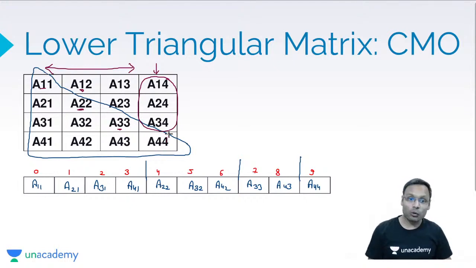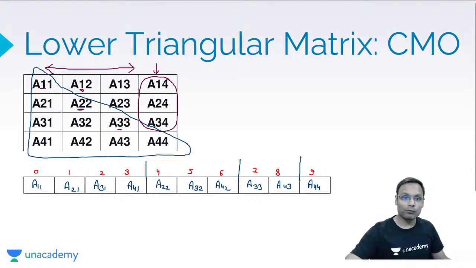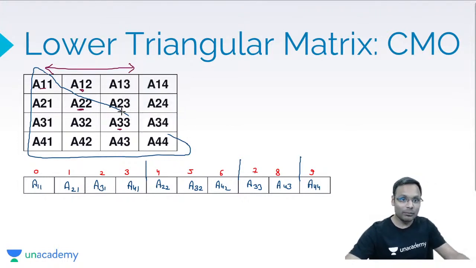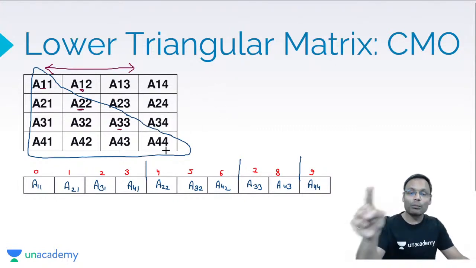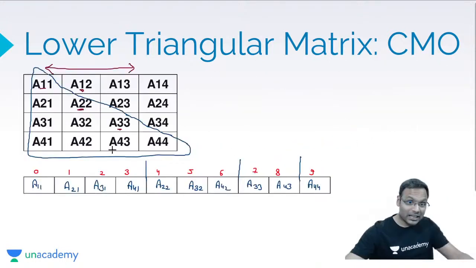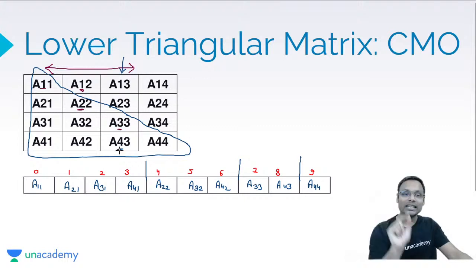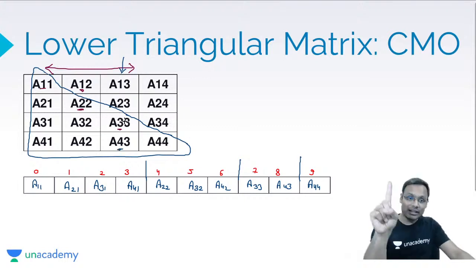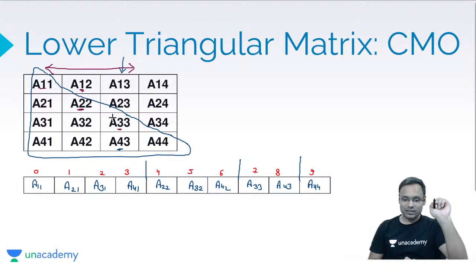So if you say row number 4, before row number 4, in this particular column I don't have any element. That is why I will subtract 4 minus its lower bound, column's lower bound. Column is 4, then lower bound is 4, no element, 0. But look at this. If row number is 4 given here, for j equals to 3, then 4 minus lower bound 3. 4 minus 3, one element is stored in this particular row. आप देख सकते हो.